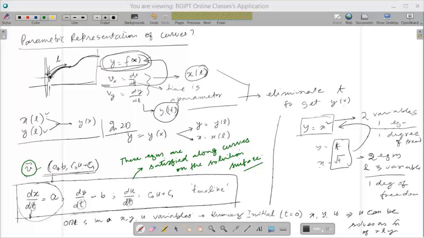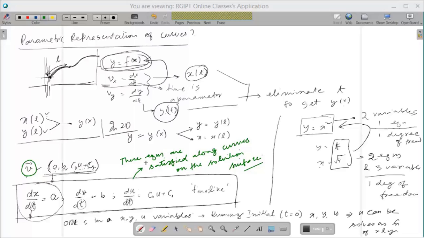At each point, I know A, B, U, C0, C1, so I can orient myself and move a little bit in that direction. Again I update my values of A, B, C0, U, and C1, get a new vector, orient myself, and move an infinitesimally small step. I update myself again, and thereby I can keep on moving on the solution surface.